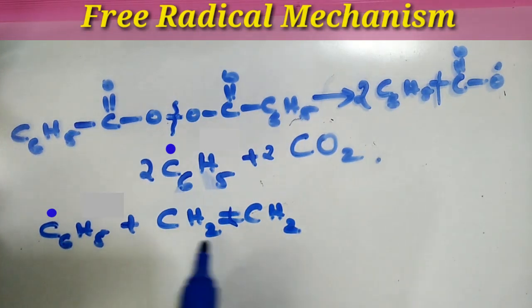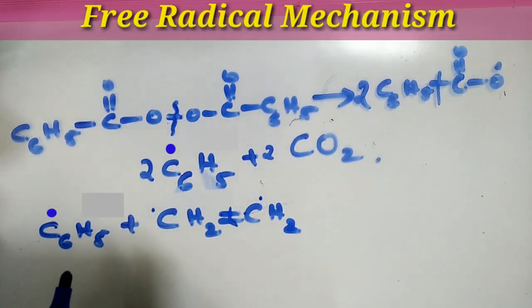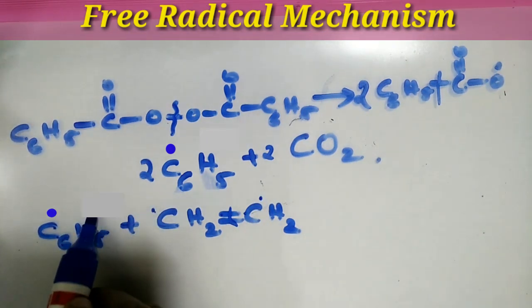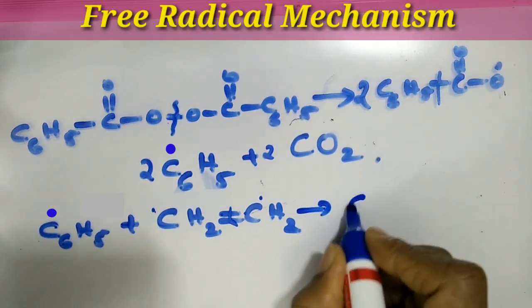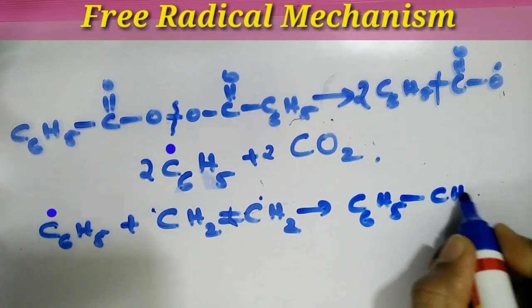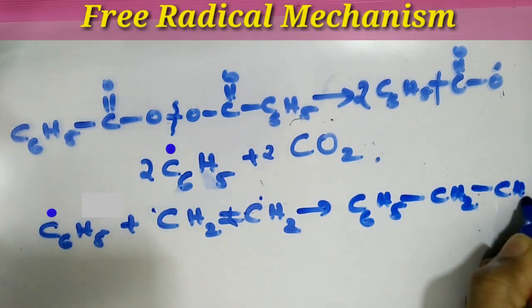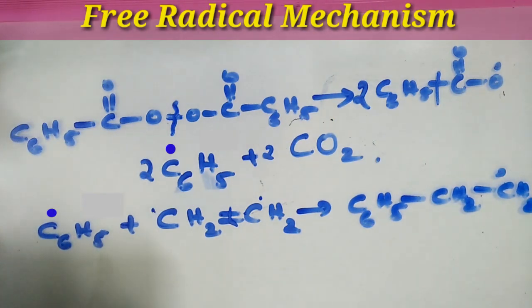The double bond breaks homolytically, and the two carbon atoms get one electron each, and this electron and the one electron from the phenyl free radical join together to make a bond. So you are getting C6H5 single bond CH2 single bond CH2 free radical. All of this together we call the first step, that is, the chain initiation step.